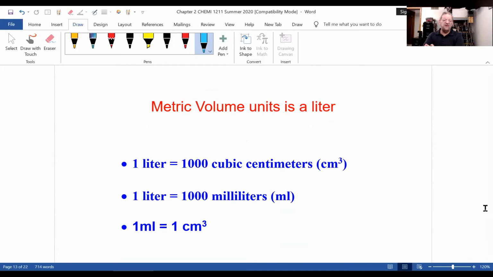The key one is a liter, which is 1,000 cubic centimeters, abbreviated cm cubed, also known as 1,000 milliliters. And 1 milliliter equals 1 cubic centimeter. And if the label is still on my water bottle, I reuse these, it would say this has 710 milliliters, and also give it in English too.